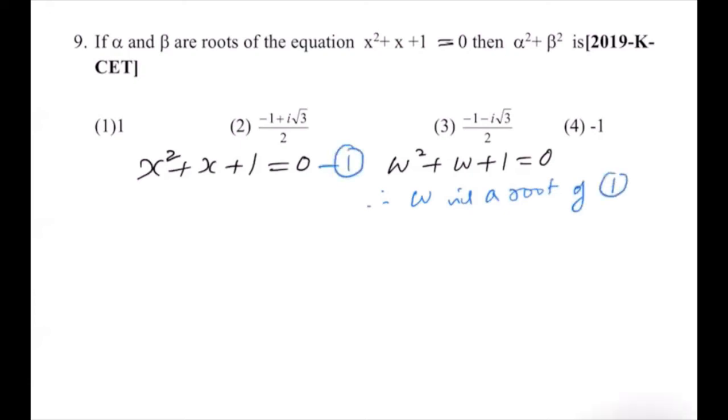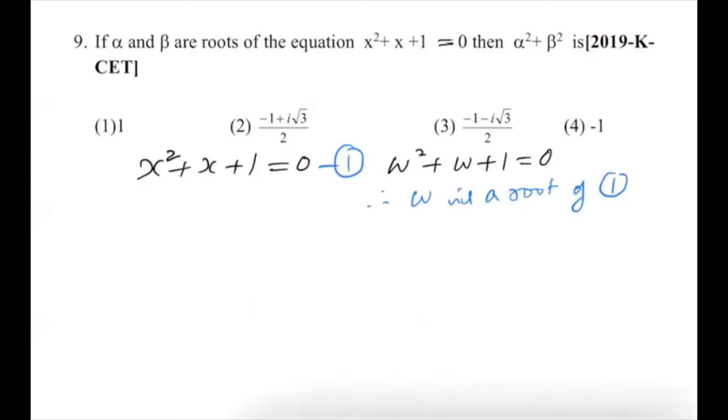So omega is a complex number. Complex roots, if any, of any equation always occur in conjugate pairs. Means that if 2 plus i3 is a root of the equation, then its conjugate 2 minus i3 is also a root of the same equation.